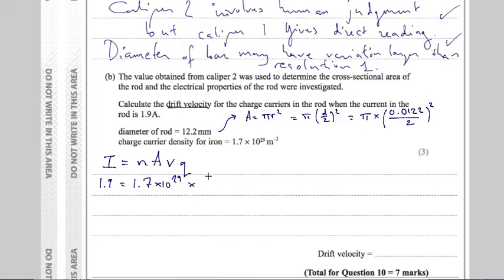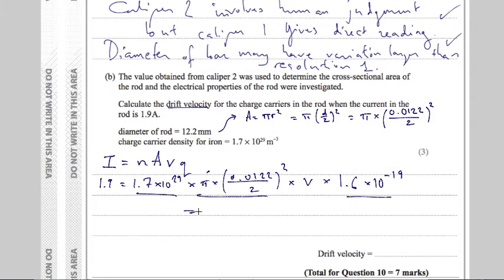So n times A, which we have, is pi times 0.0122 over 2 squared, times drift velocity we need to find, and times charge. Well, they're electrons. All electrons have exactly the same charge, which is 1.6 times 10 to the minus 19. If we make v the subject, we just divide through by all of these other things, and you should find that v is about 5.98 times 10 to the minus 7 meters per second.